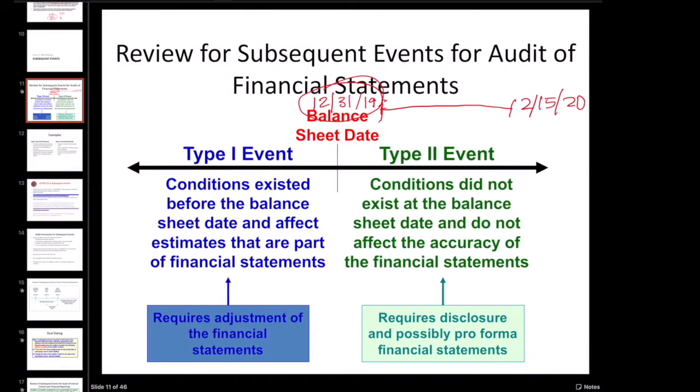Okay, so there's two types of subsequent events. The type 1 subsequent event, which is a much bigger deal, is when you have an event happening out here. Right? So let's just say, for sake of argument, we have an event happening January 15th, which relates to a condition that existed before the balance sheet date, before 12/31.